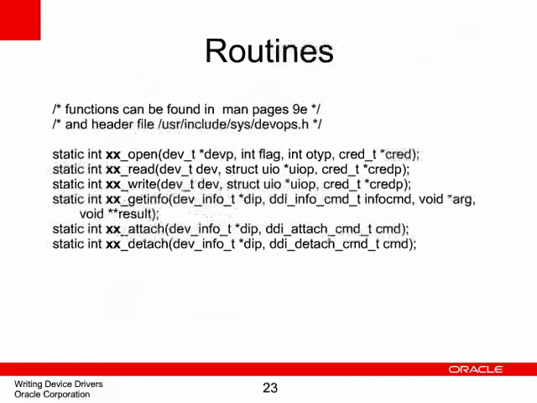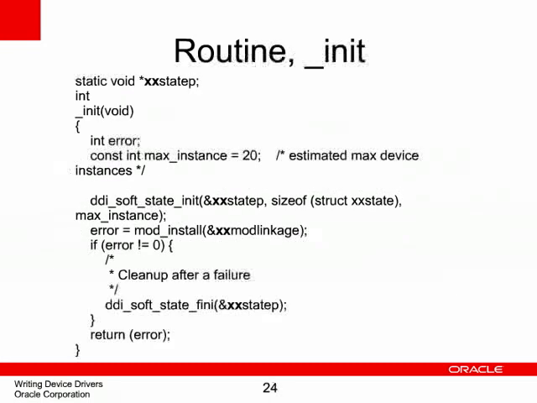So now let's talk about the routines that are pointed to by those structures. Again, we have those functions that you're going to call from userland: open, read, write, GetInfo, attach, and detach. Or actually, GetInfo, attach, and detach are used by the kernel to instantiate this driver. The init routine.